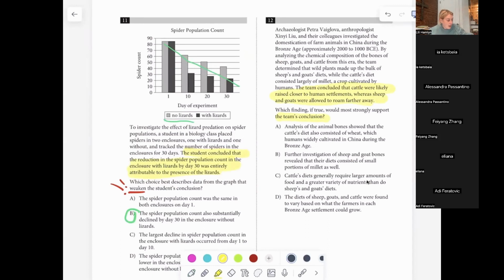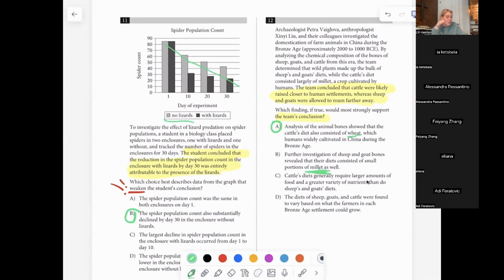Further evidence for this conclusion, that cattle were close by to humans whereas goats were further away, is if the animal bones analysis showed that the diet also consisted of wheat, another cultivated crop. It's another piece of evidence that they're close to the cultivation, whereas the goats are further away.